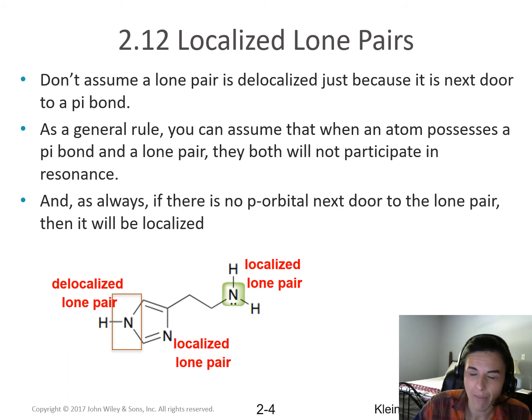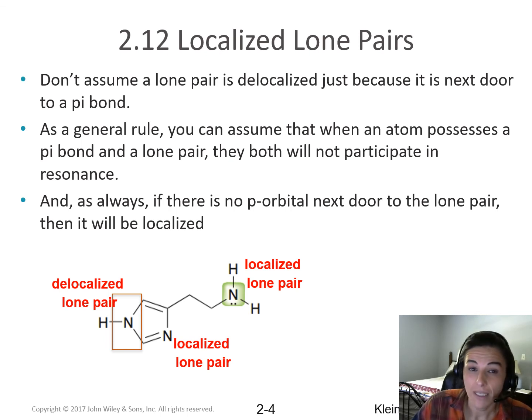Again, remember in the bond-line structure, we don't have to draw out lone pairs, but we should be able to know that they're there based on formal charge. The nitrogen has no formal charge, and we see 3 bonds drawn out. We know that means it has 1 lone pair. It's got 3 sigma bonds and 1 lone pair, so that means it has a steric number of 4.